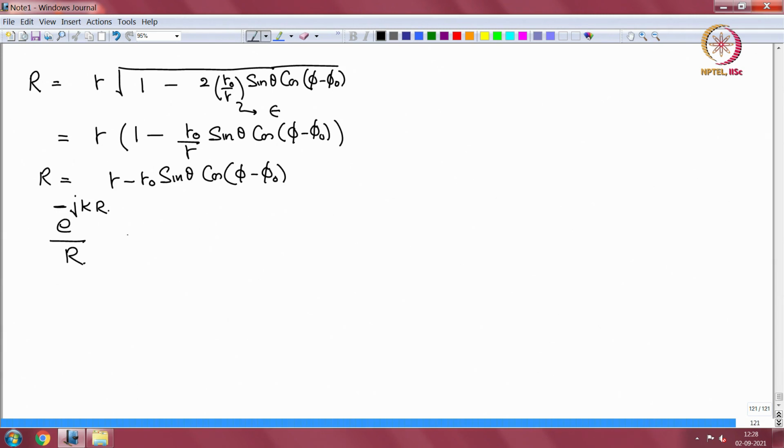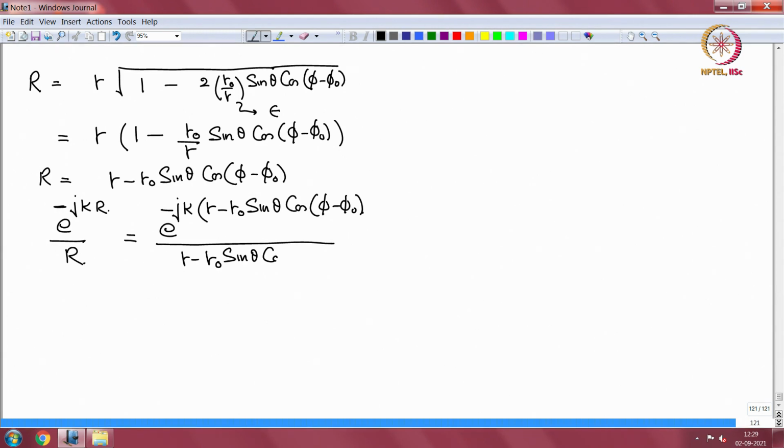So that means it becomes e to the power minus j k into r minus r0 sin theta cos of phi minus phi 0, divided by r minus r0 sin theta cos phi minus phi 0.